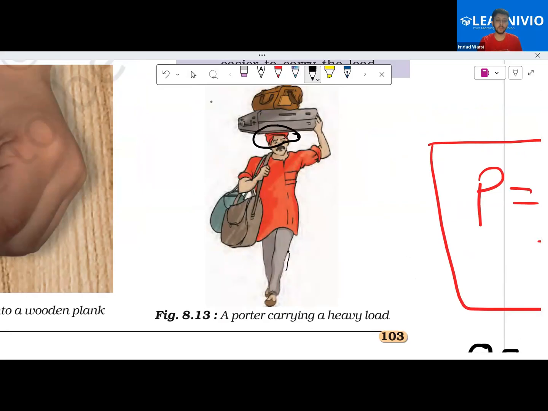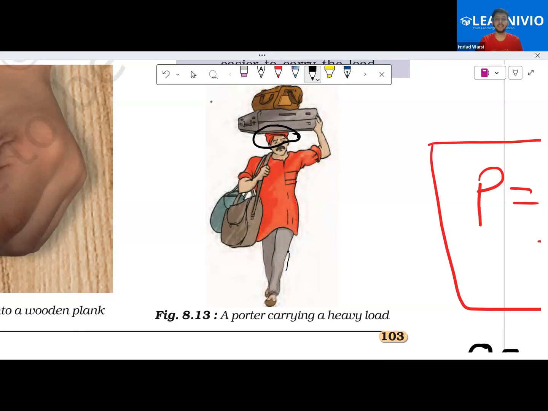So why do they wear it? Maybe because of fashion sense? No, it's to reduce the pressure as he's carrying a load of weight on top of his head.